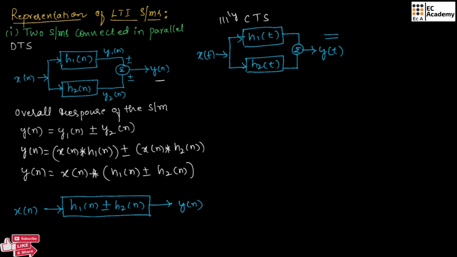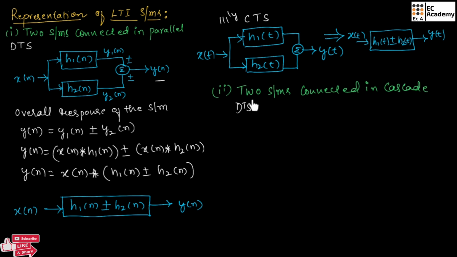So, we can write this as a system that can be represented as h1 of t plus or minus h2 of t with input x of t and output y of t.